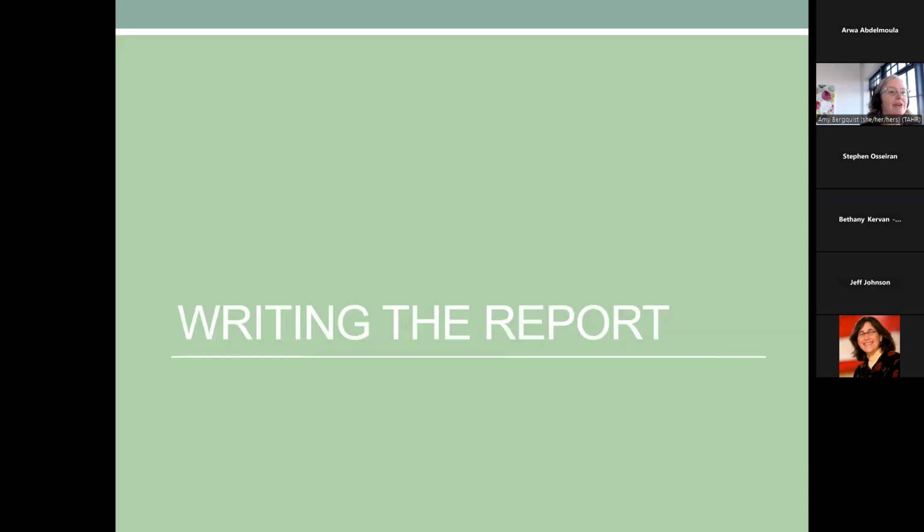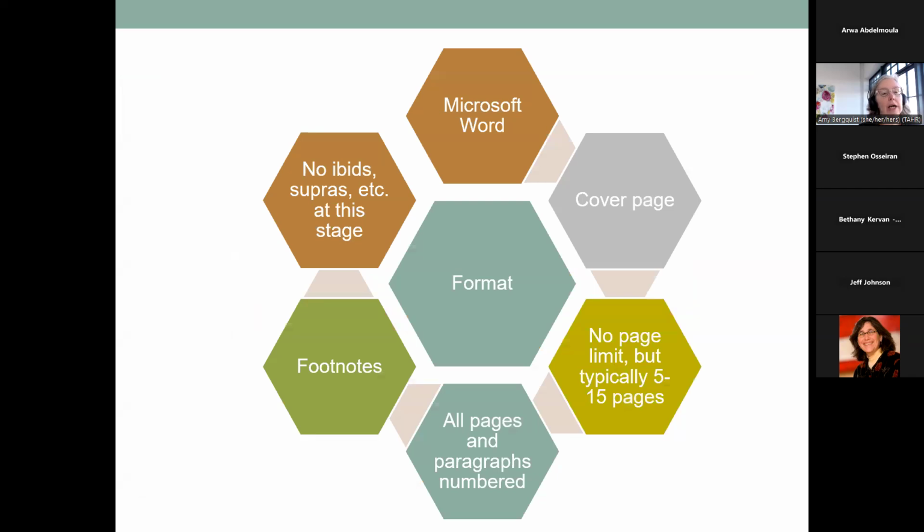Writing the report itself, general guidelines for writing that report: use Microsoft Word. We give you a template, so use that template, and be sure to fill out that cover page. There's typically no page limit for most of these treaty bodies, but usually the reports end up being between 5 and 15 pages. Make sure that all pages are numbered and all paragraphs are numbered.